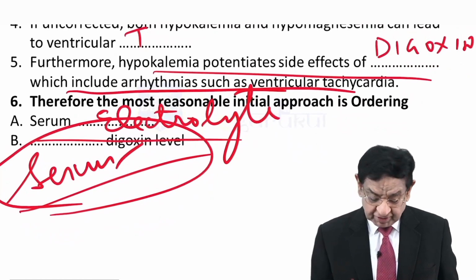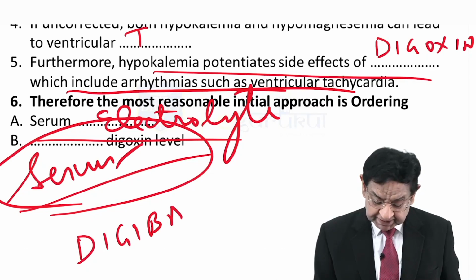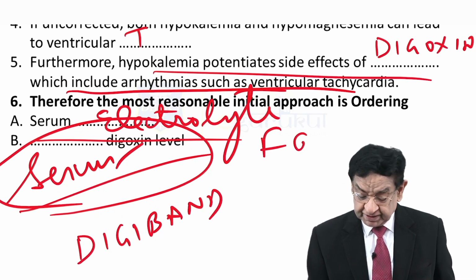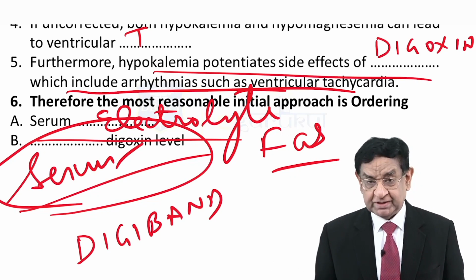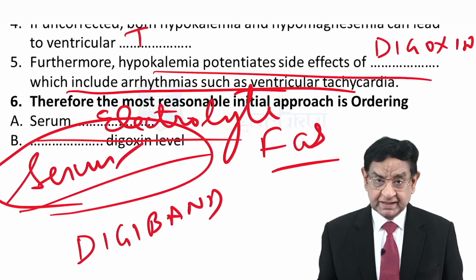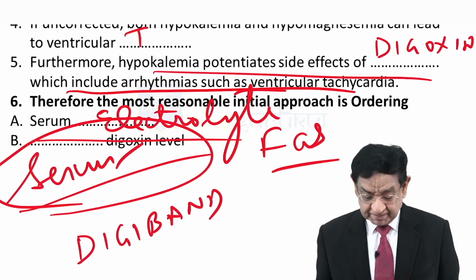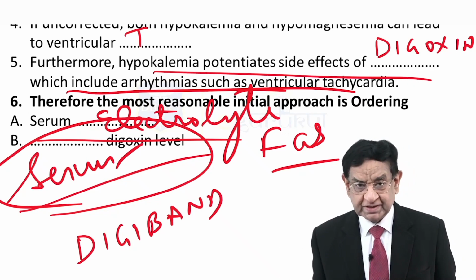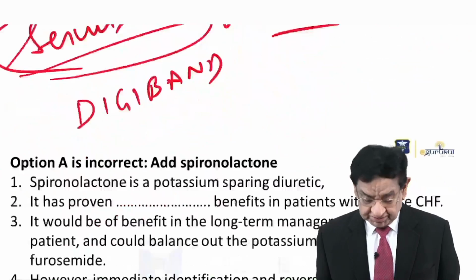The answer is you have to give DigiBind, which can take care of the digoxin level. So we have to give digoxin binding antibodies, Fab, so that we control the level of digoxin in the blood. The specific indication of Fab is arrhythmias like this which are happening due to digoxin.